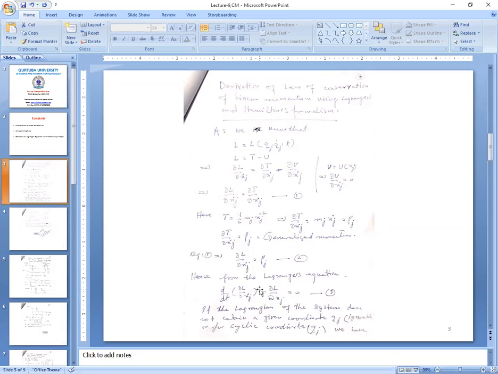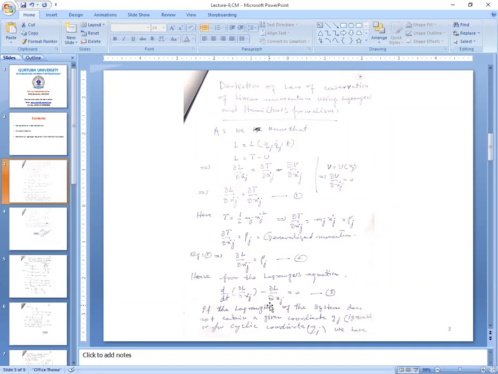And also, L is equal to T minus U, but it is differentiating with respect to xj. So T and U also will be differentiated with respect to xj. But T is not a function of xj, it is a function of x dot j. It means that ∂T/∂xj will give you 0, and ∂U/∂x will remain.